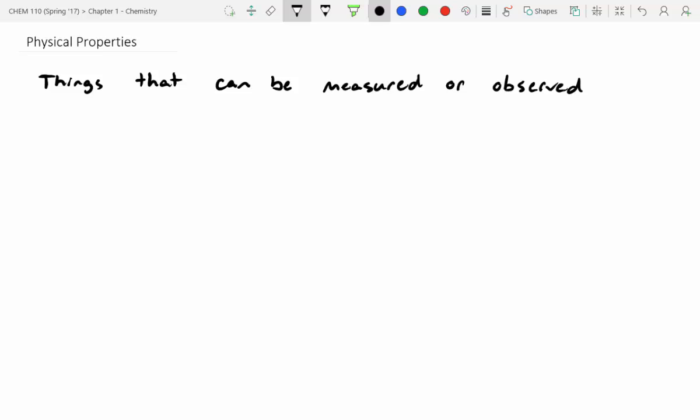If you measure a piece of lumber, you're not cutting it up, you're just measuring the length of it. So let's make a note that this is without changing that matter into a new type of matter.